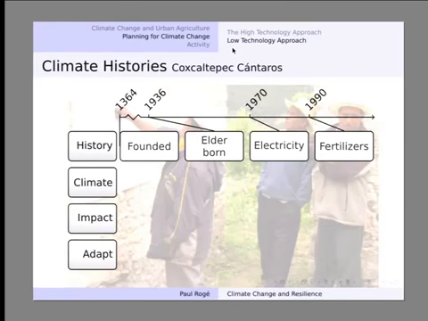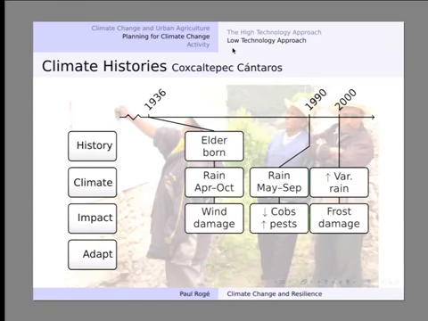So basically, this is what the graphs look like that we created in dialogue, right? We started with the community history: when the community was founded, when the oldest person in the group was born, when electricity arrived, when fertilizers arrived. From that, we were able to describe key moments in their climate history and what kind of impact those moments had.